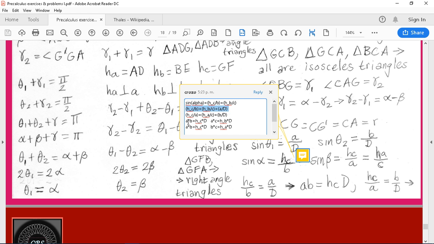Taking, for example, these two, we have ab equals hc times d, and with this one we have ac equals hb times d.